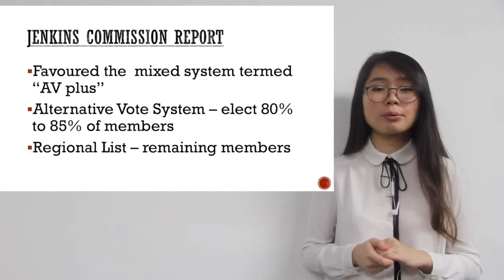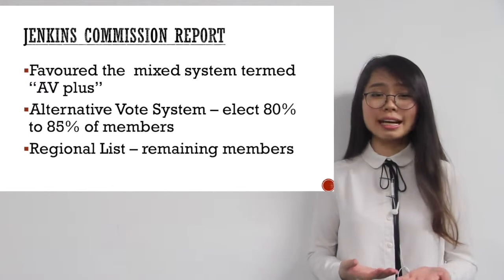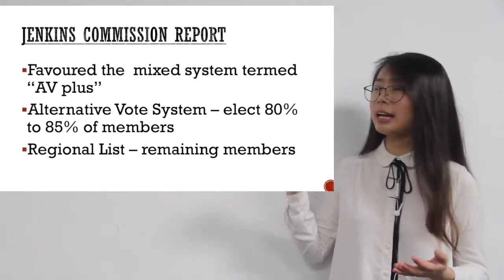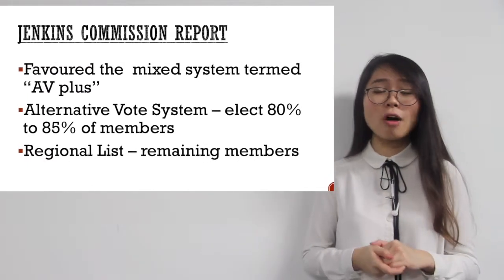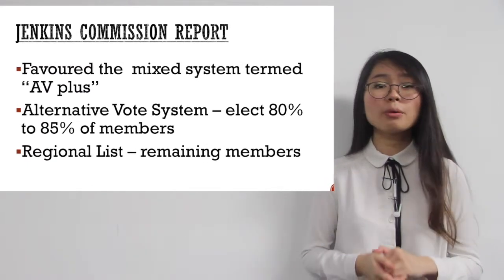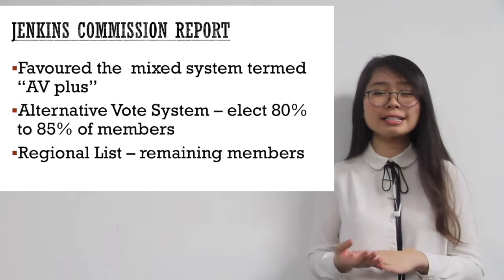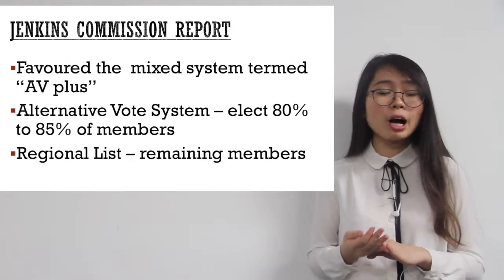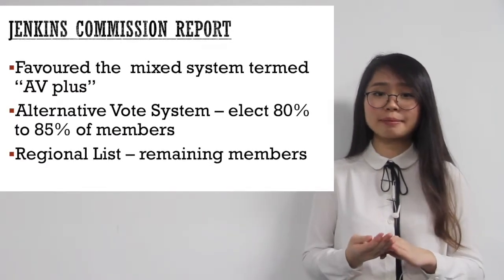The system would operate in such a way: the alternative vote system would be used to elect about 80 to 85% of the members who are representative of constituencies, whereas the remaining members would be elected through a regional list, which can in a way help the system achieve a significant degree of proportionality.